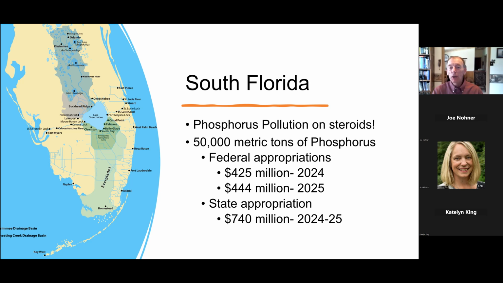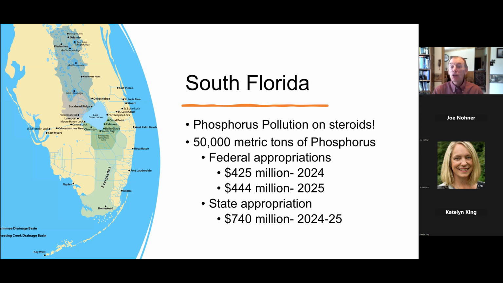And you can see here, in fact, this was just in an email to me today from the Everglades Foundation, where the federal appropriations for 2025 is being suggested to be $444 million. Last year, they had $425 million, and the state has appropriated $740 million through 24 and 25.